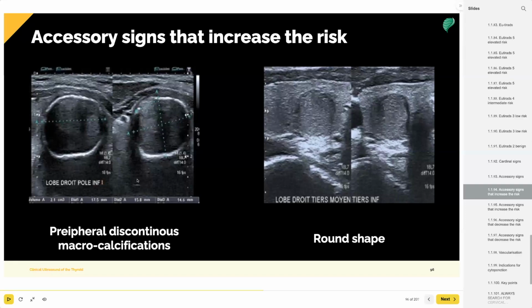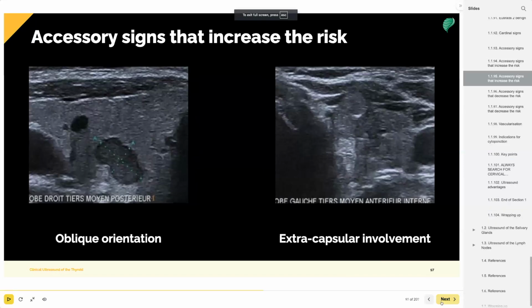Accessory signs that increase the risk. So as I mentioned, the halo here is a hyperechoic ring around the nodule. In this image, we can see an accessory sign would be oblique orientation.